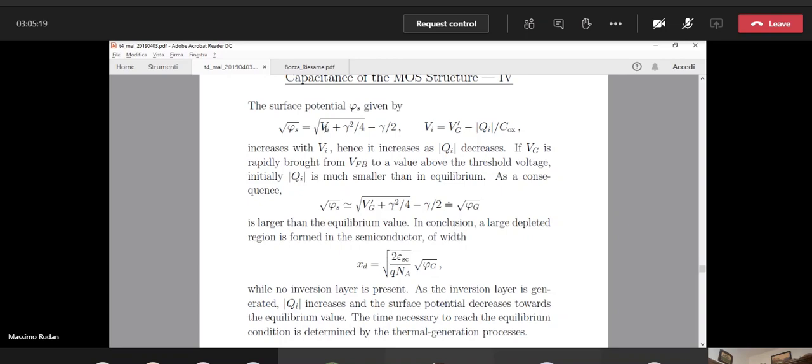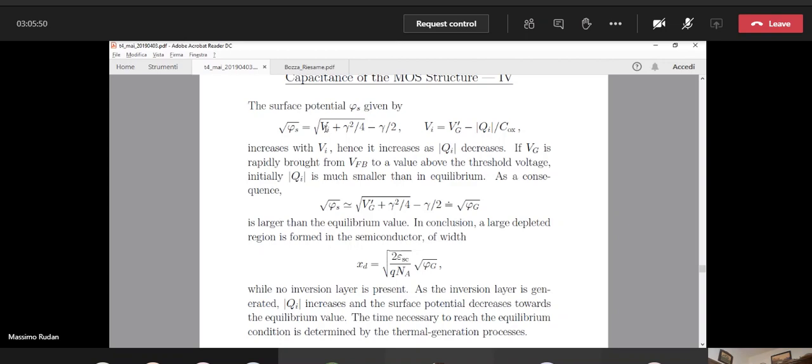This is fundamental for optical sensors because we may try to exploit the presence of a very large depleted region quickly in order to detect some light that comes into the semiconductor before the thermal generations fill up the inversion layer.